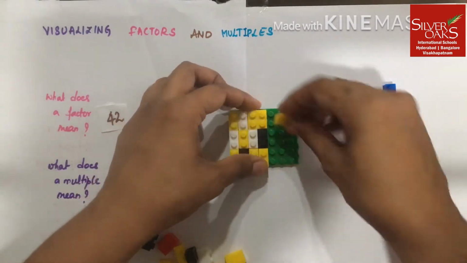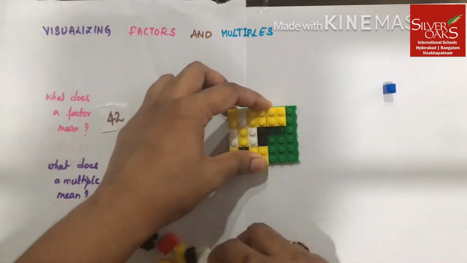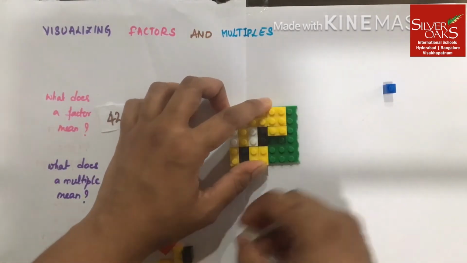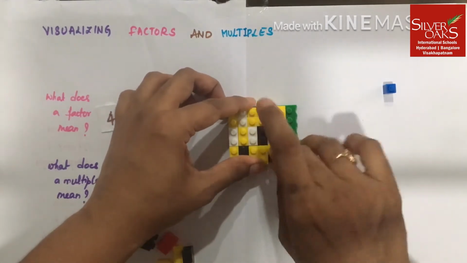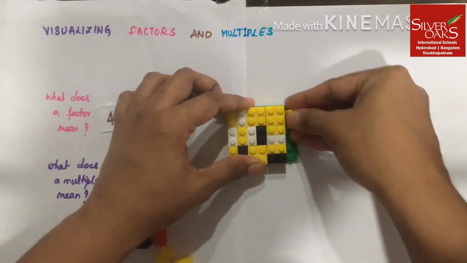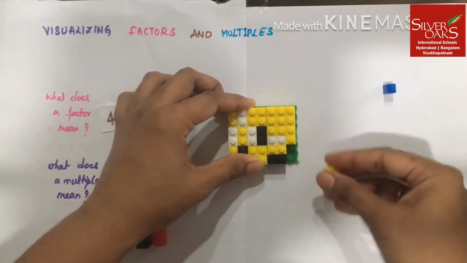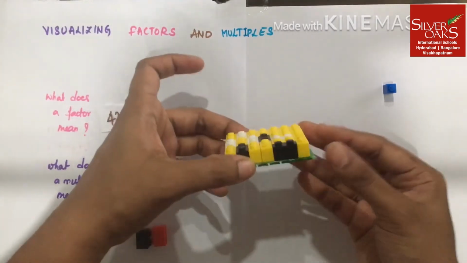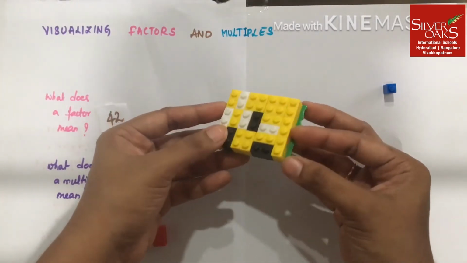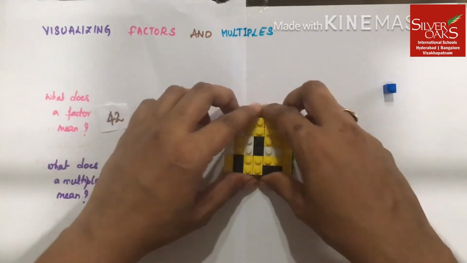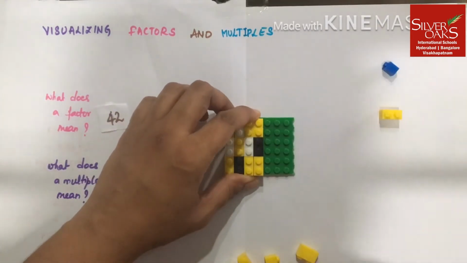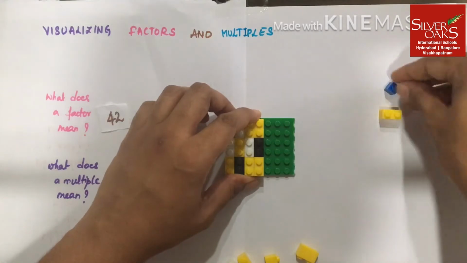So if I'm able to fill the whole sheet, then that means 2 is definitely a factor. Yes, as you can see, I was able to fill the whole sheet, so 2 is a factor. So I'm keeping the factors over here on this side.